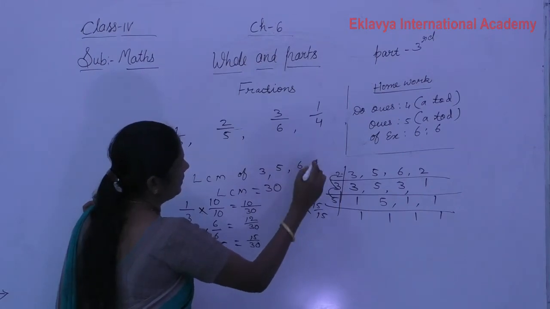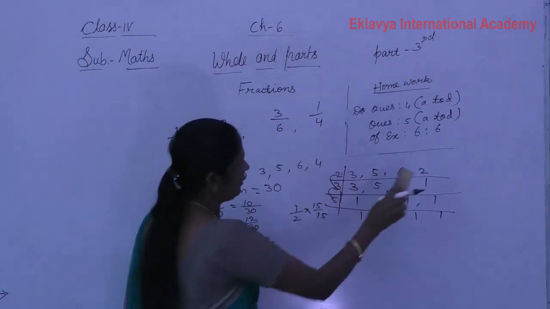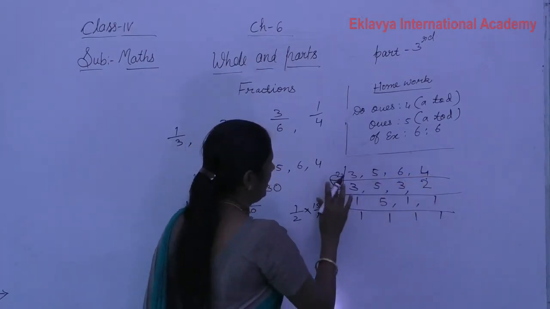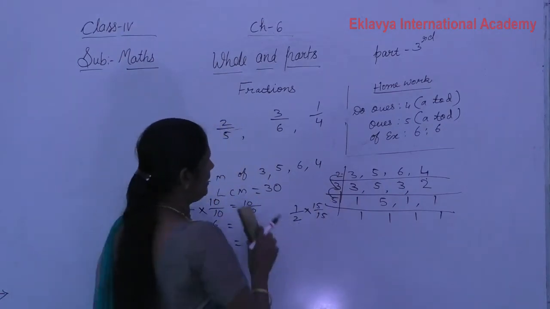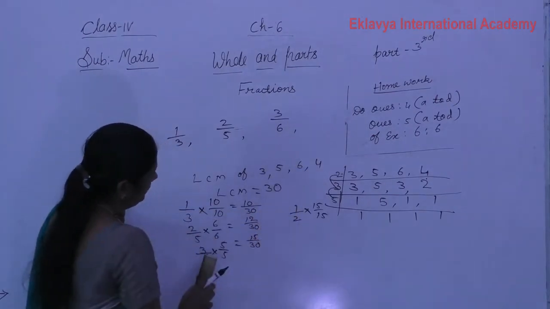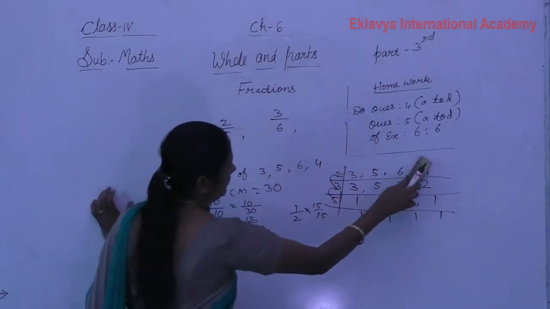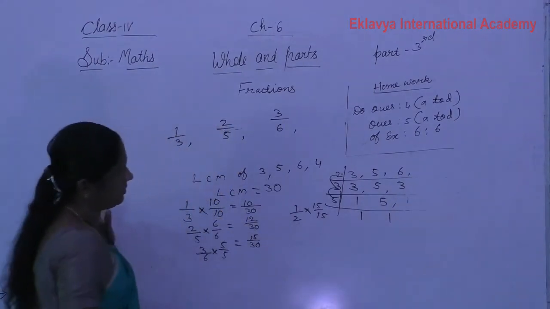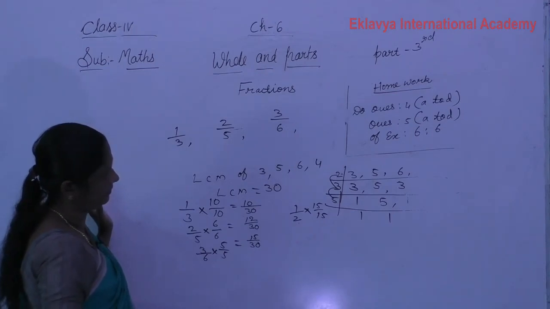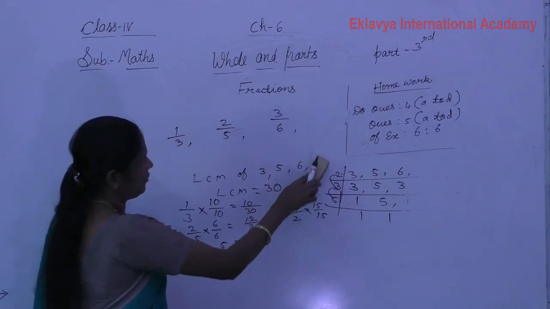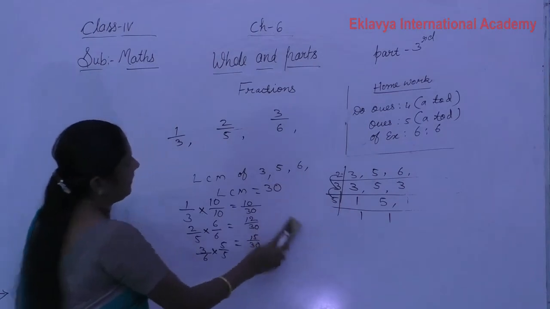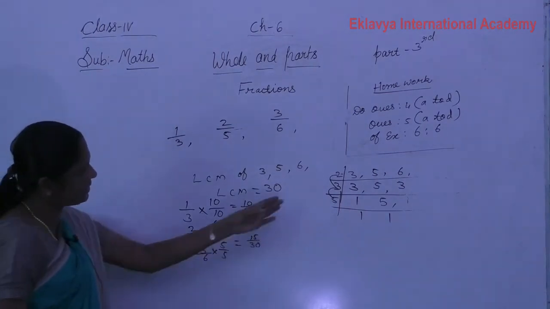Then we change this also in the question. 4, here also 2. Now our LCM is 30, then 30.